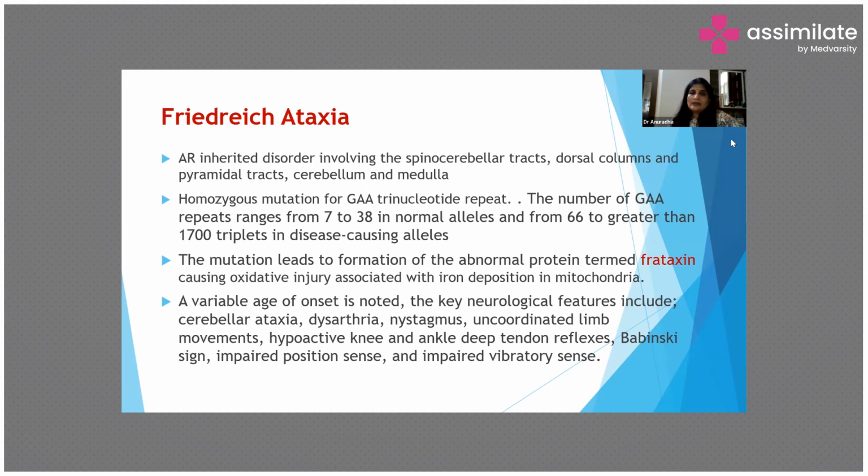Consanguineous marriages increase the risk of Friedreich's ataxia. This mutation leads to formation of an abnormal protein called frataxin, which causes oxidative injury associated with iron deposition. Variable age of onset is noted. Key neurological features are ataxia, dysarthria, nystagmus, uncoordinated movements, decreased knee jerk, ankle jerk, Babinski sign, impaired position and vibration.